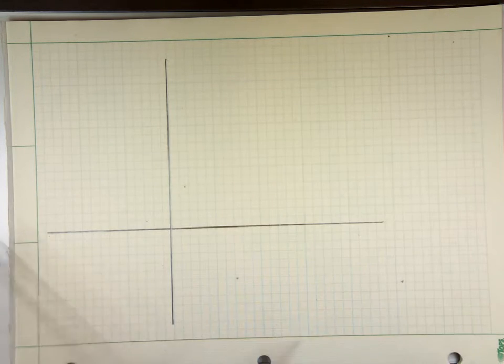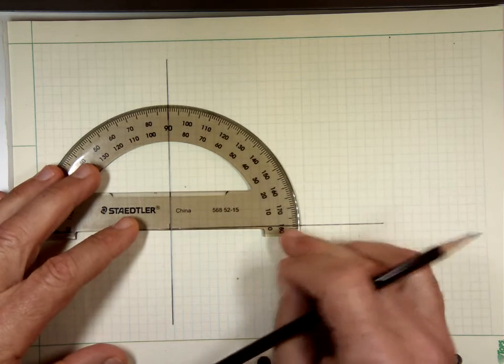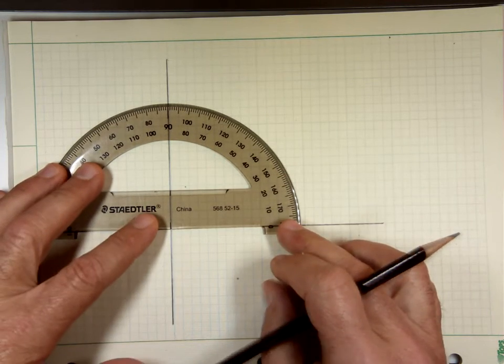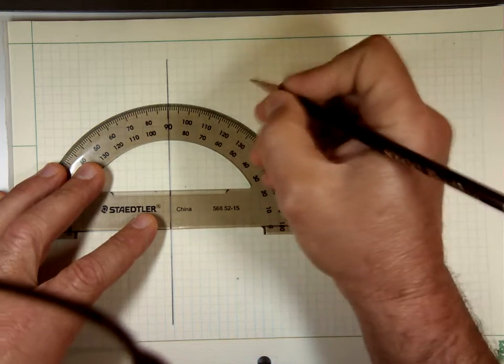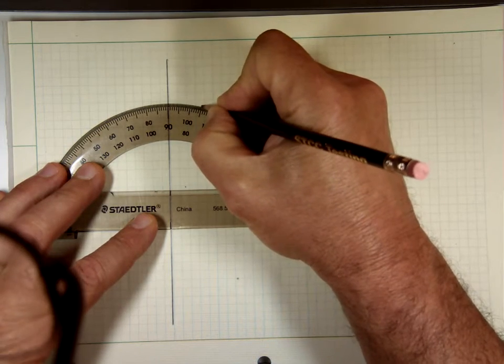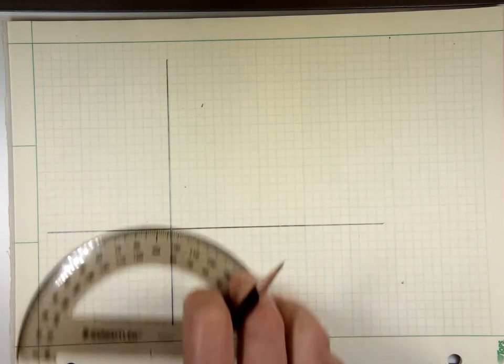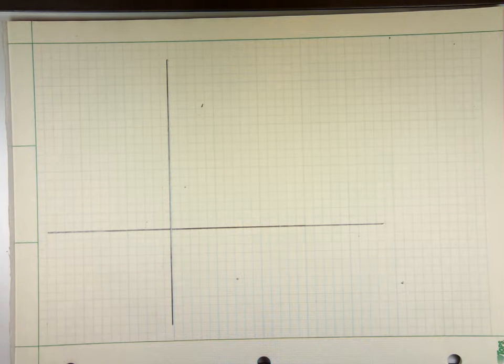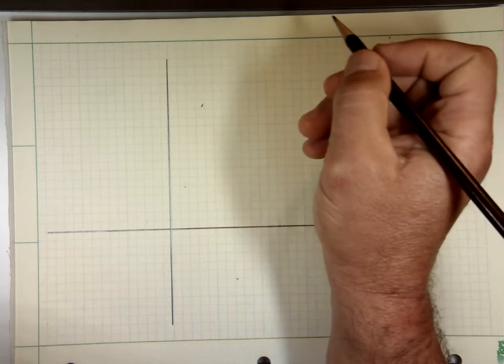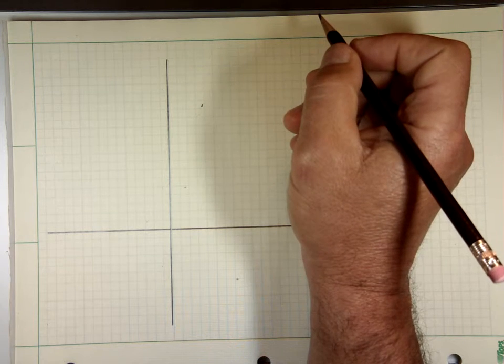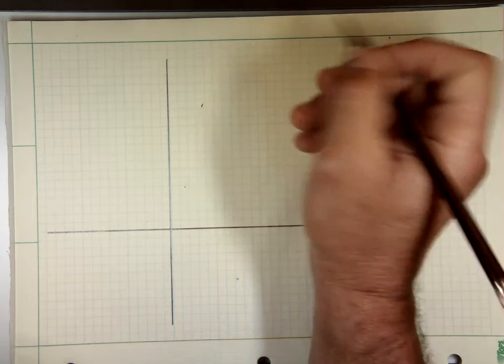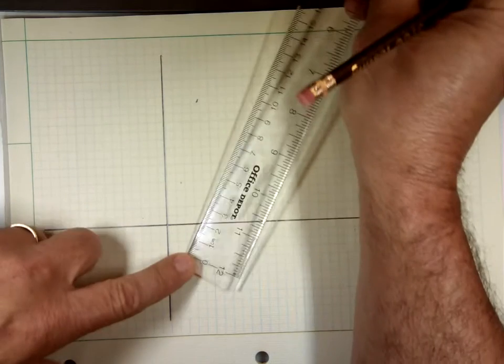V final, which is what? 66 at angle 75. Let's find where the 75 is. 75 will be in this direction. And the value is what? 66. So what scale are we going to use? 23 will be too much.